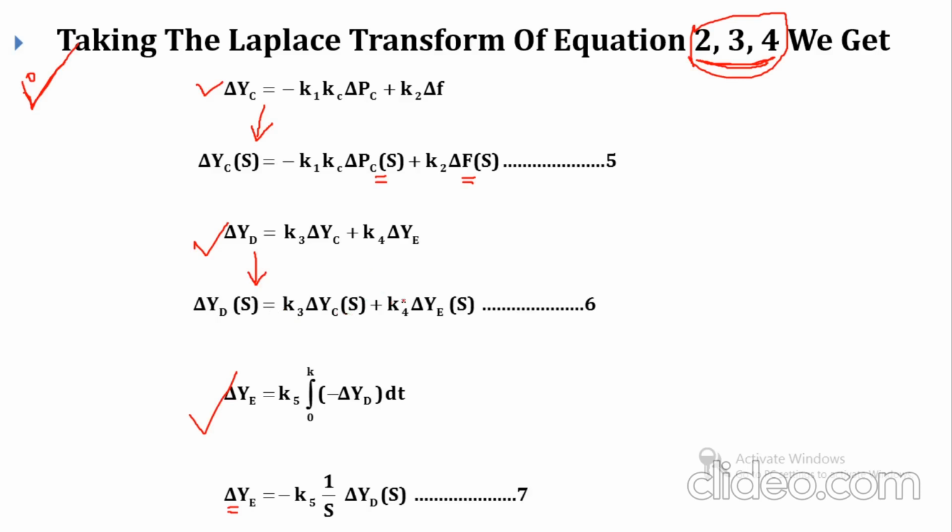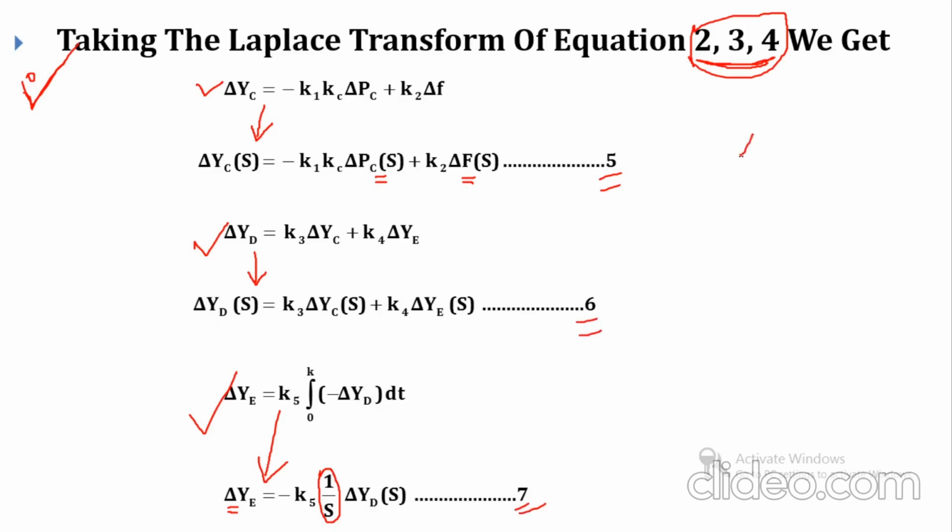And fourth equation is delta ye is equal to minus k5 integration 0 to t of delta yd into dt. So we know that the Laplace of integration is 1 upon s. So this k5 minus sign will be taken over here, minus k5 delta yd of s. So these are our new equations, equation number 5, 6 and 7.